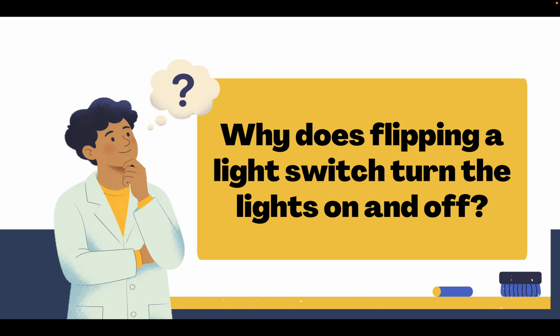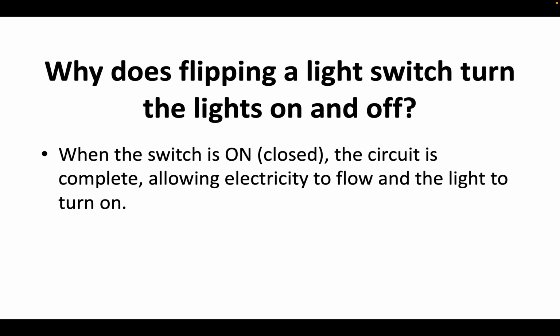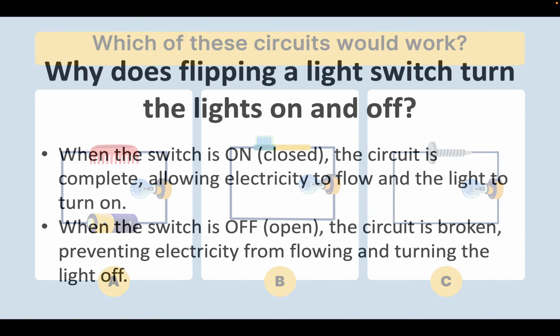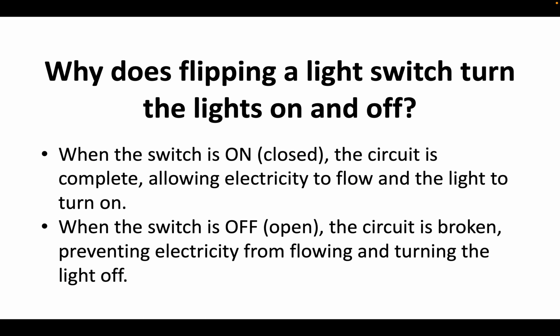It's actually very simple. When the switch is on, the circuit closes, allowing electricity to flow, and as a result, the lights turn on. When the switch is off, the circuit opens, stopping the flow of electricity so the light goes out.